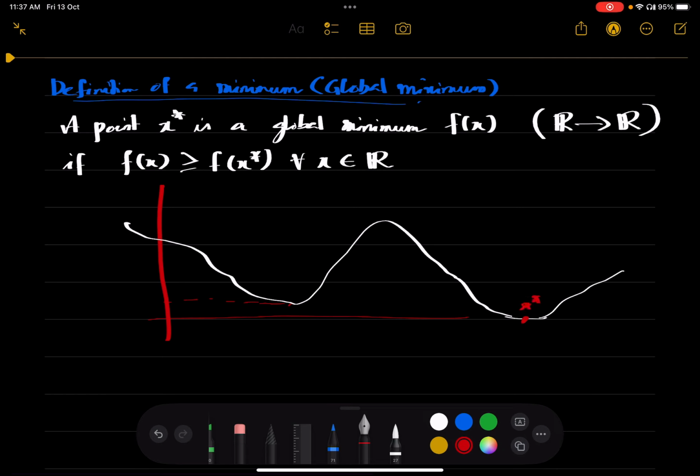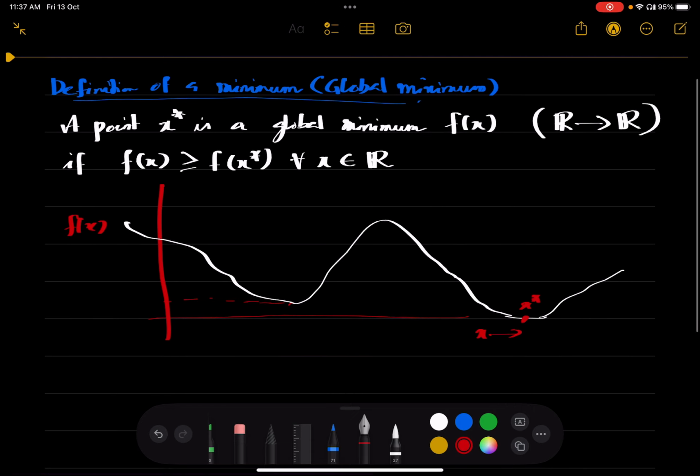This is our x-axis, and normally we plot f of x along the y-axis.